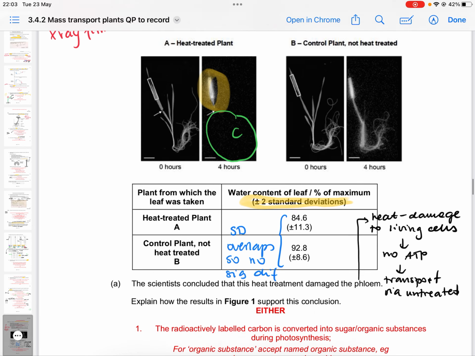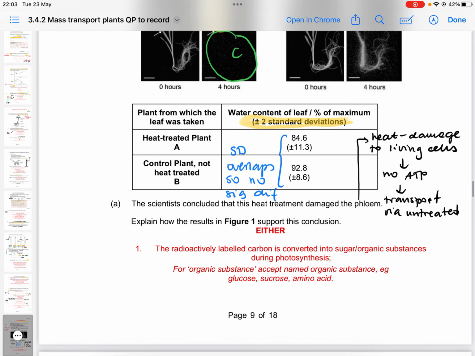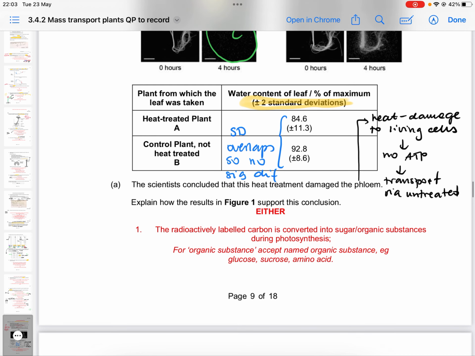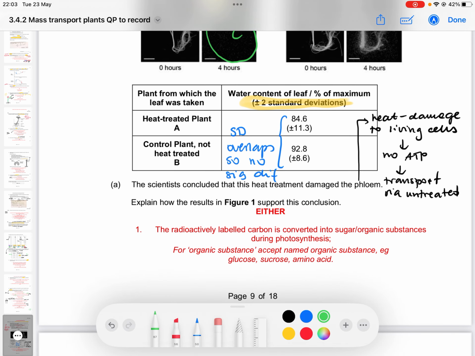And we needed to explain the results. So here we've got a couple of explanations. Let's start with the ones that we've mentioned. The reason why we might not see much in here is because the carbon has been converted into other substances or sugars.